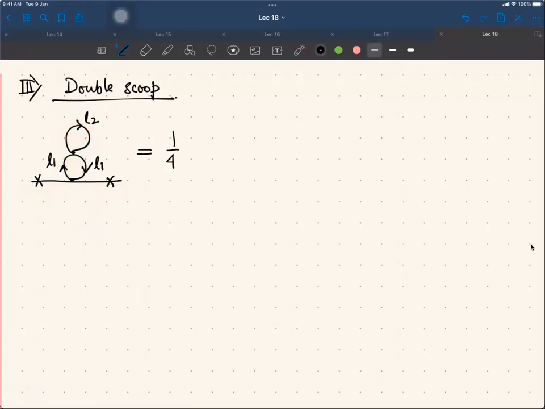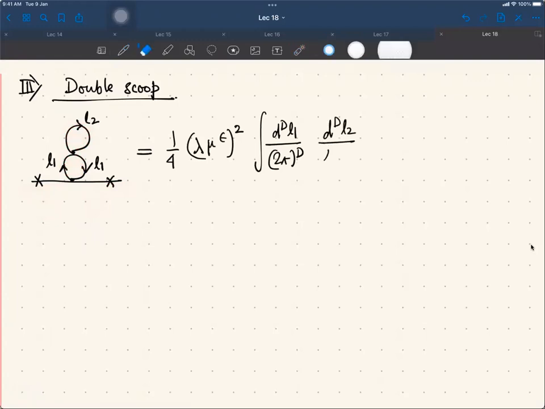There are two vertices, so lambda mu to the power epsilon square, and then the loop integral dd L1 by 2 pi to the power d, and then dd L2 over. We have only one propagator for L2, but two propagators for L1.